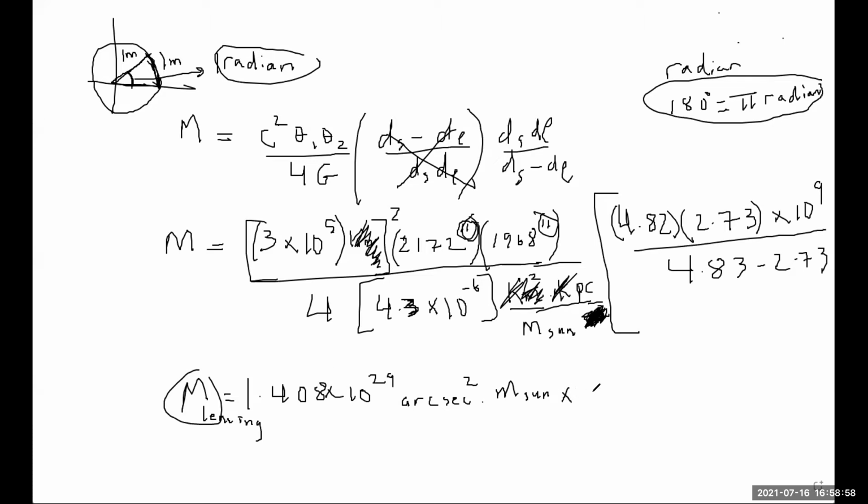So then here's how to convert. You can say 3,600 arc seconds is 1 degree of angle, but then square that. And then you can say 180 degrees is pi rads.